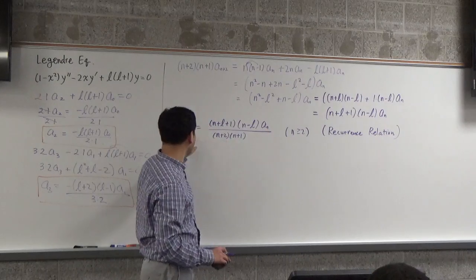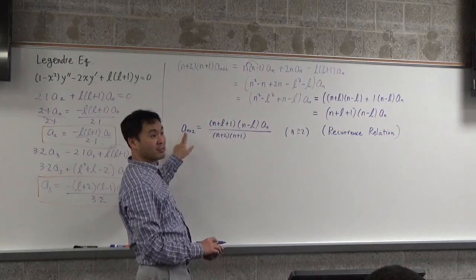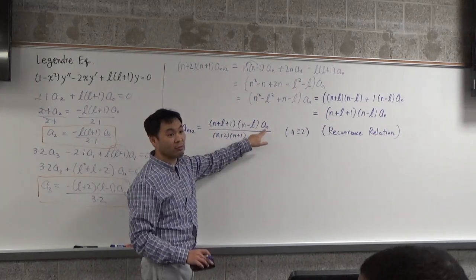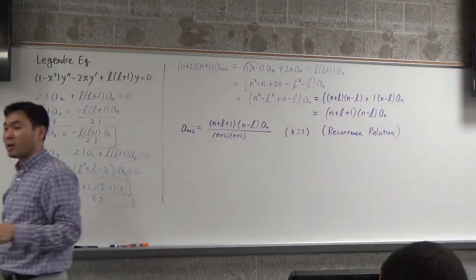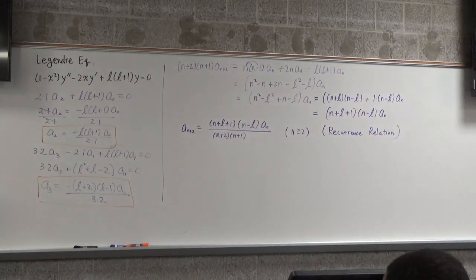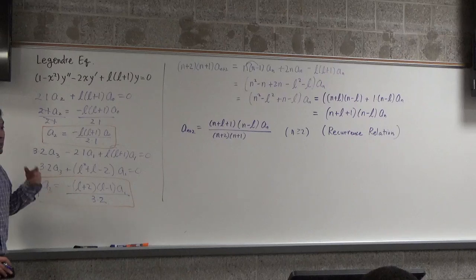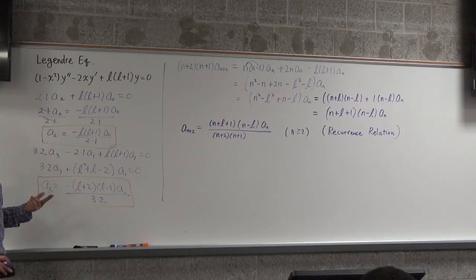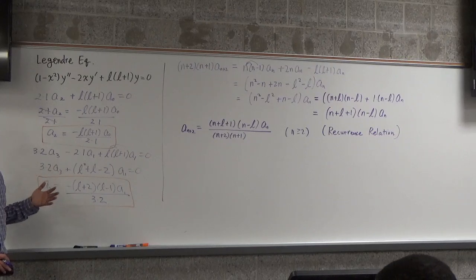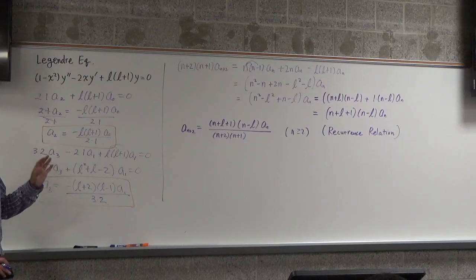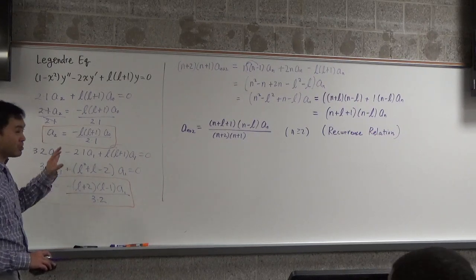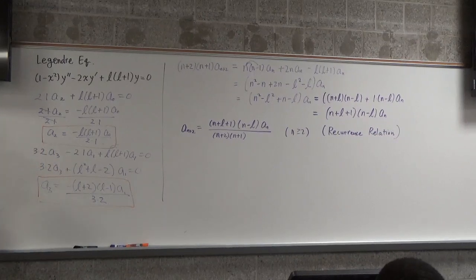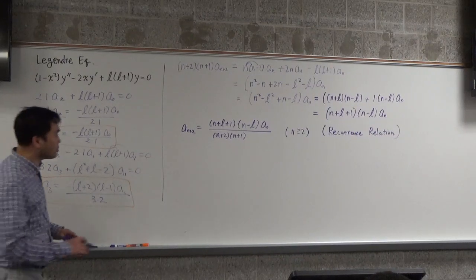And then if you plug in 4 in here, then you're going to get a6 depending on a4. So you have this pattern in the even terms and odd terms separately. So we're going to figure out the even and odd terms separately. They'll kind of make things easier to see. You'll be able to find the pattern easier. Okay, so let's try that.